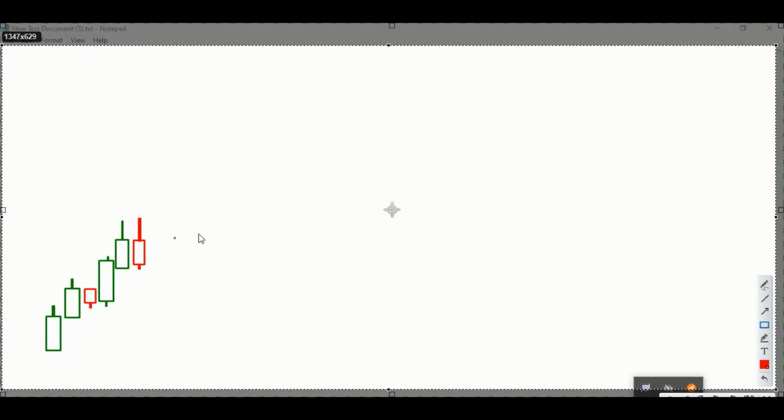So it may be a strong SNR level. This can be an SNR level. This can be a round number, and a major key level. The rejection comes from the major key level.